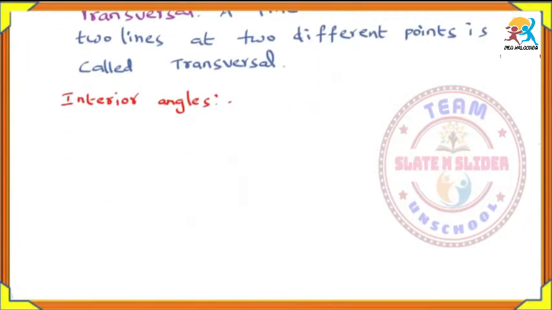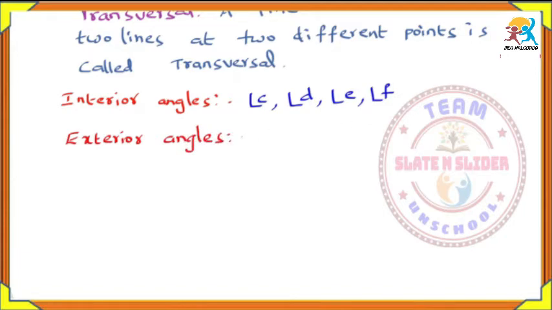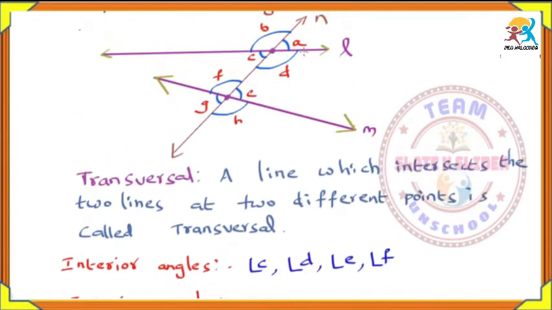Their names are angle C, angle D, angle E, angle F. These are interior angles. And now we will write one more, that is exterior angles. The exterior angles are outside of the two lines. They are angle A, angle B, angle G, angle H.